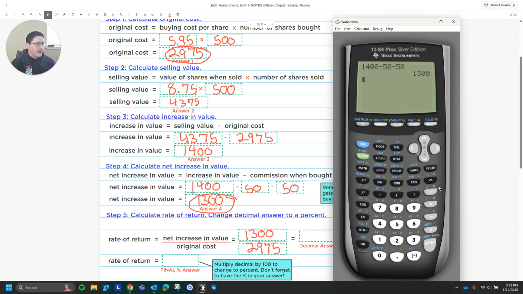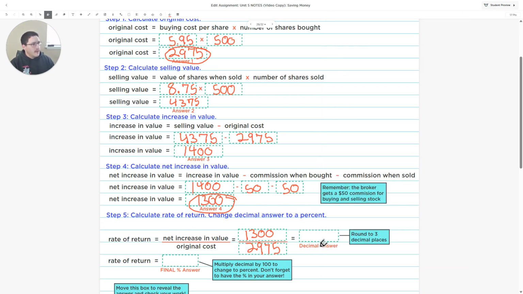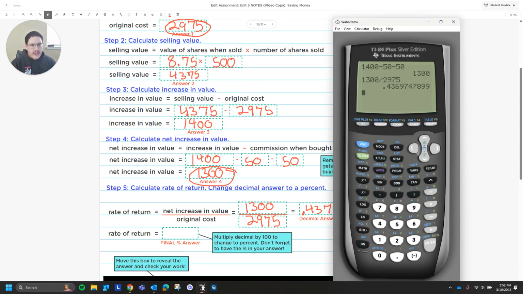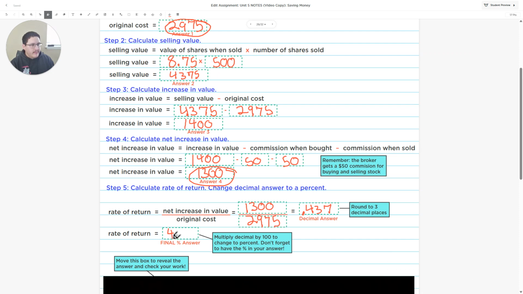So 1,300 divided by 2975 to 3 decimal places is about 0.437. Now change the decimal to its percent by multiplying by 100. So multiply this by 100. And we have 43.7%, which is very good, mind y'all. 43.7% return rate.